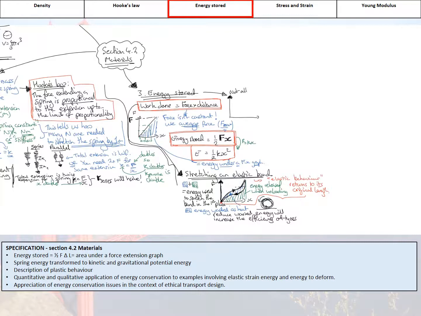Plot another force extension graph. Now, this is our loading line, so we add the weight, stretch it, and now if you unload it, it will form a line parallel to the loading line, for reasons I won't go into. And you'll end up with a permanent extension here.